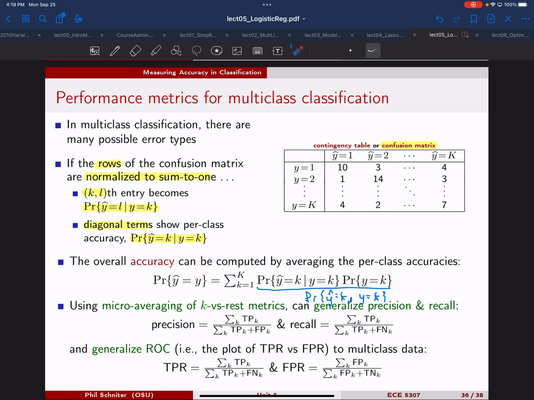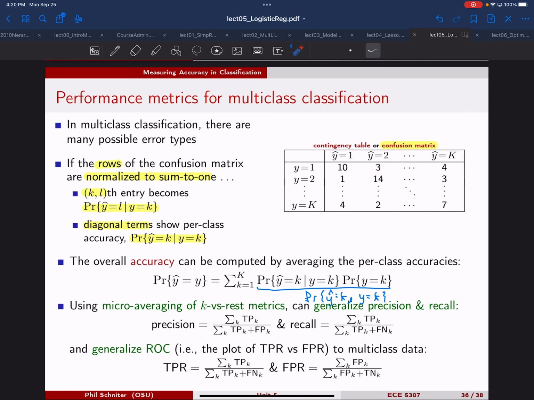This is how the overall accuracy relates to the per class accuracies, and it will be important when we talk about what happens when these are not well balanced. We'll talk about that on the next slide. But here's overall accuracy. This is probably the most common metric people use in this multi-class setting, although as we know, it may not be what you want to use if you care about some of these accuracies more than others.